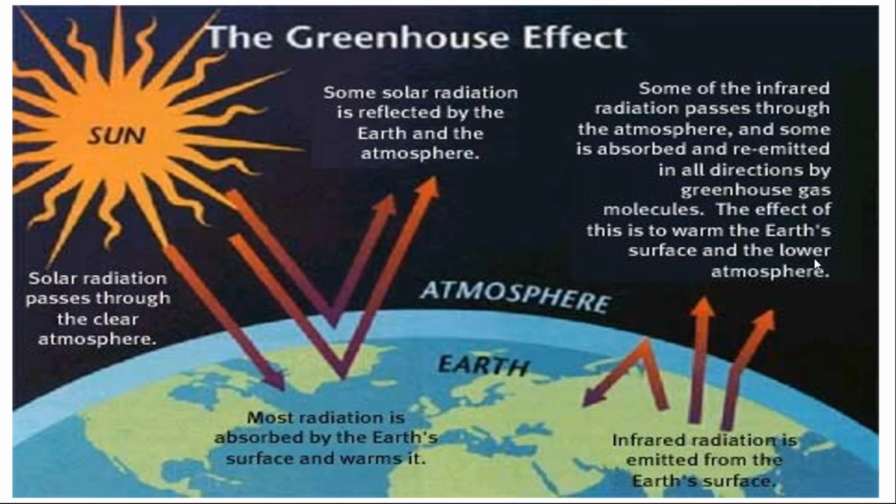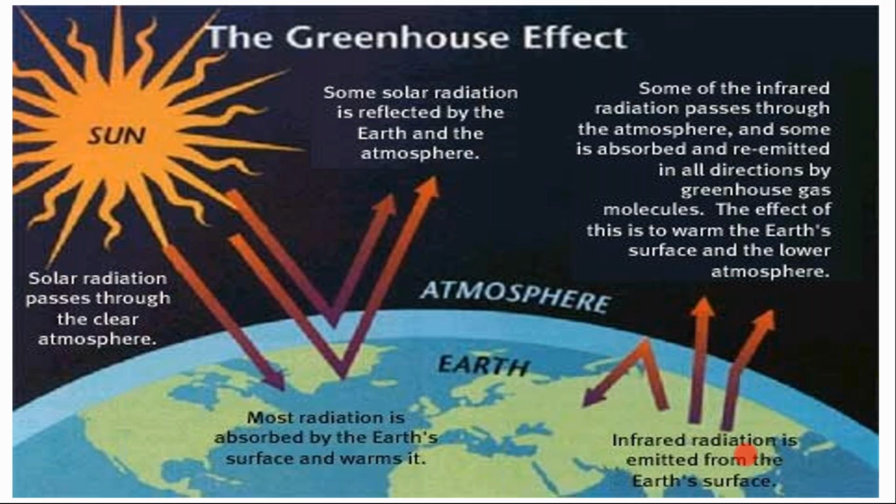And this diagram gives you the idea of what exactly the greenhouse effect is. We have discussed that the sun's radiation is going to strike the earth. Most of the radiation is absorbed by the earth's surface, and that is why the earth's temperature is approximately 20 to 25 degrees Celsius for sustainability. Then some solar radiation is reflected by the earth and the atmosphere.